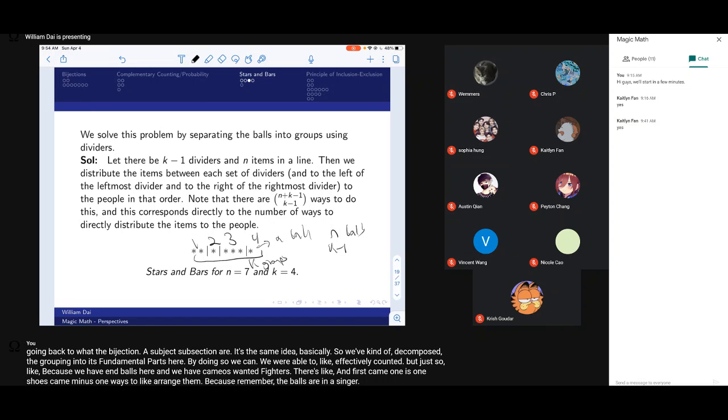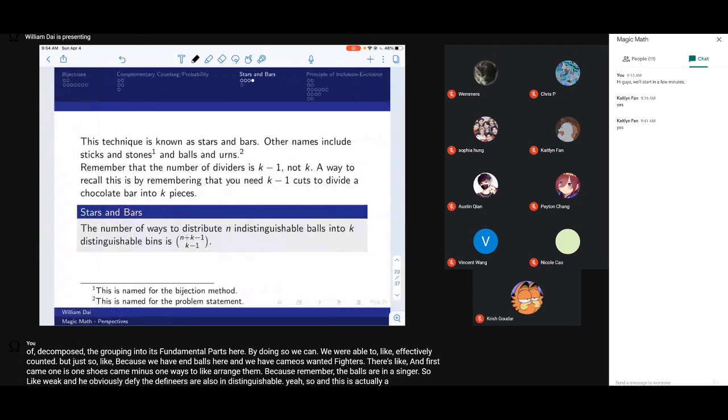so obviously the dividers are also indistinguishable. This is actually a very well known technique, and it's known by a variety of names.